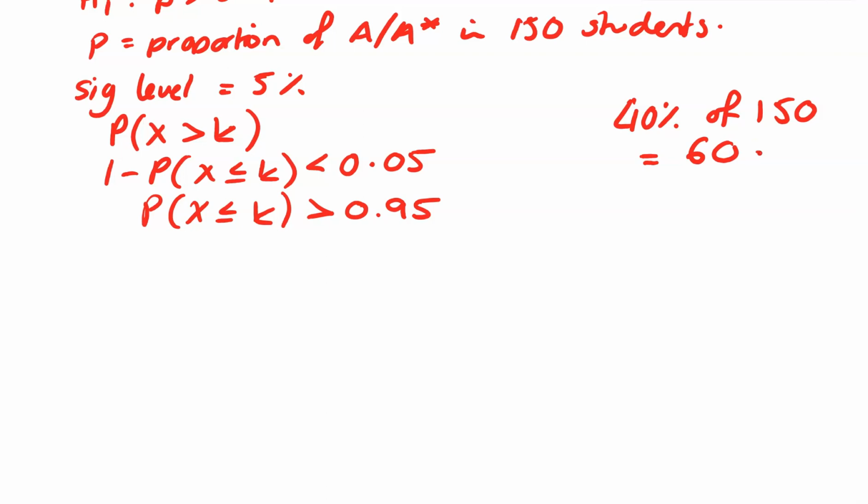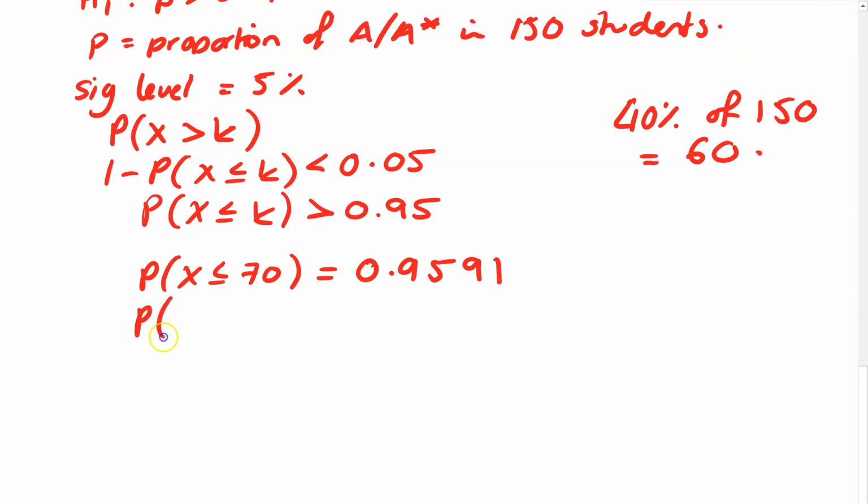So I'm going to go 70. 70 in our calculator comes out at 0.9591. Oh, okay. So that's already greater than the 0.95 that we want, but I don't necessarily know whether it would have hit.